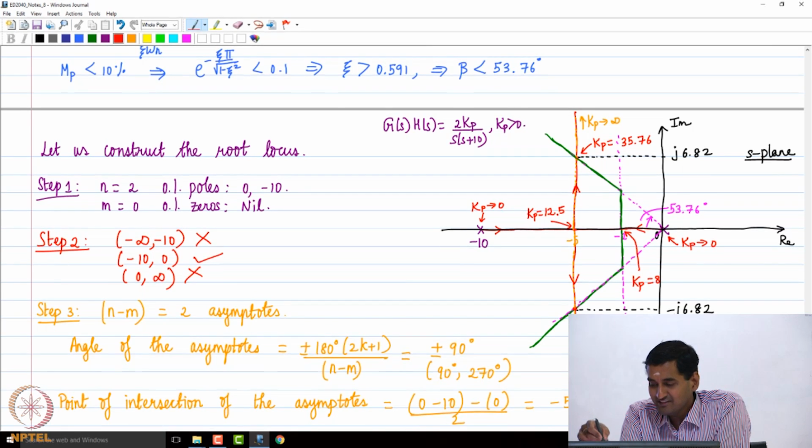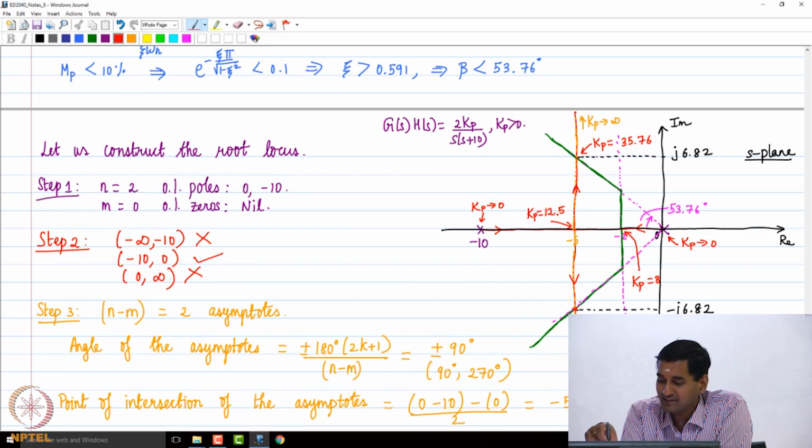So in a certain sense, what I would do is pick Kp between 12.5 and 35.76, so that it's consistent with whatever analysis we have done. Because please remember, how did we get the desired region of closed loop poles to begin with? By using the step response of an underdamped second order system, right. For an underdamped second order system, the poles should be complex conjugates. When are the poles complex conjugates as per the root locus here?